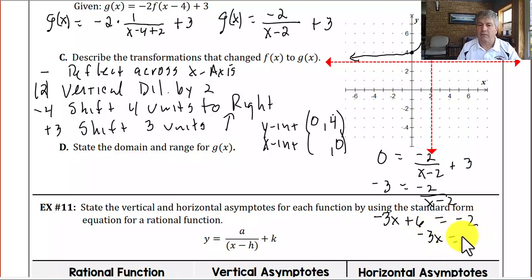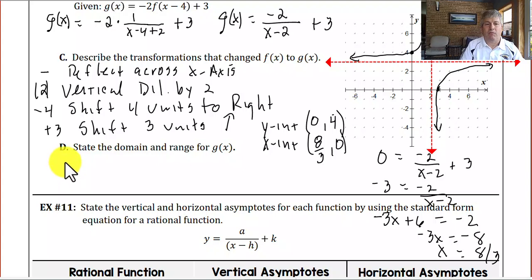Negative 3x equals negative 8, and x equals 8/3. So my x-intercept is at (8/3, 0), so 2 2/3, so I plot that. And there's my bridge over the x-axis, so I take it. And there's the graph of my function.